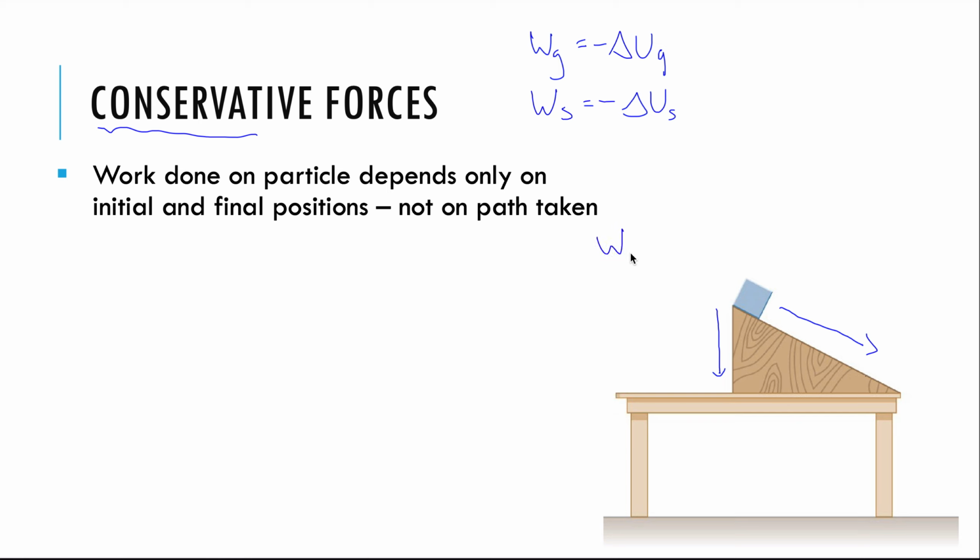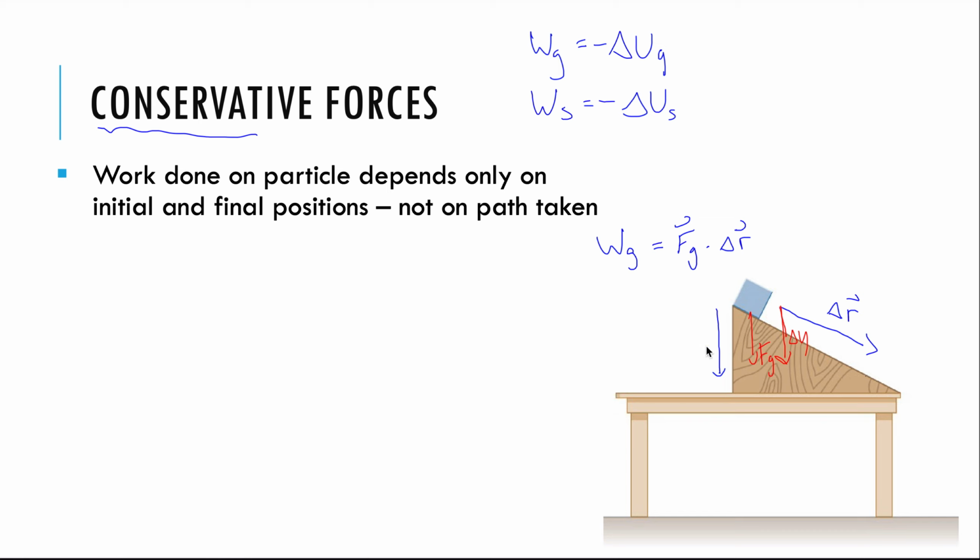Gravity is a constant force. The work done by gravity is the weight dot the delta r. That means you have to find a component of the weight in the same direction as the displacement. If the displacement is diagonal, but the force Fg is straight down, when you take the dot product, you really are going to end up multiplying the Fg by the vertical component of the delta r, which is the delta y.